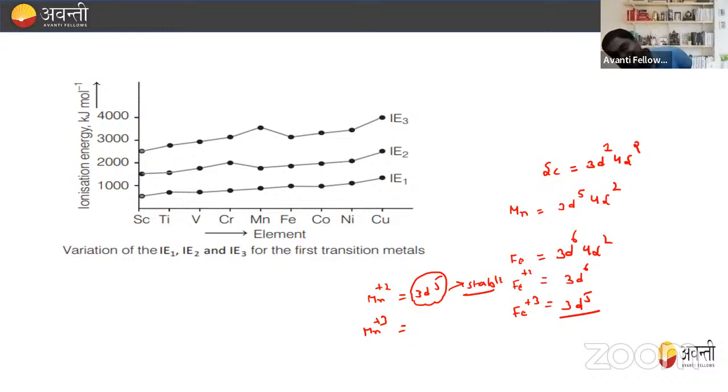So we can observe that the third ionization enthalpy of Mn is slightly more compared to that of Fe. This is the exception we get. Similarly, the third ionization enthalpy of chromium is more compared to manganese. I hope this is clear to you. Okay, good. So this is how we understand the ionization enthalpy.